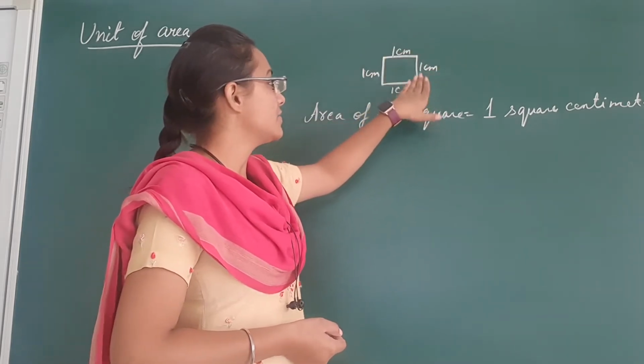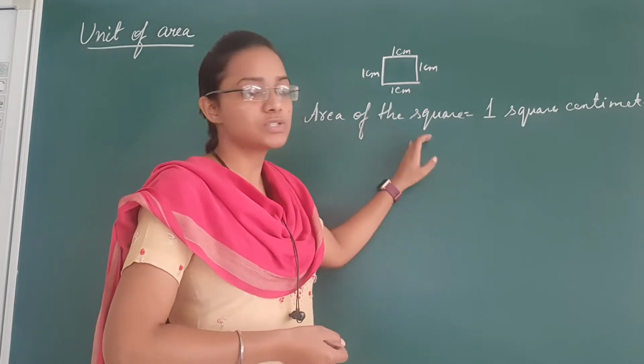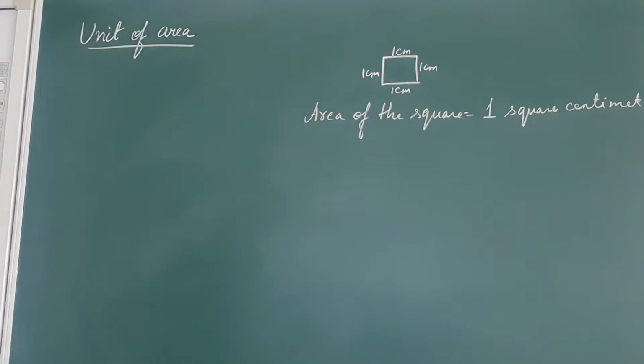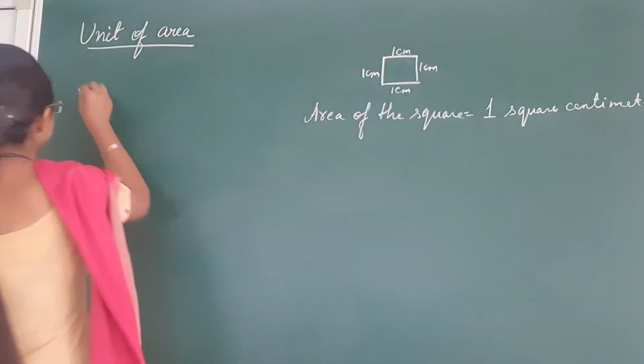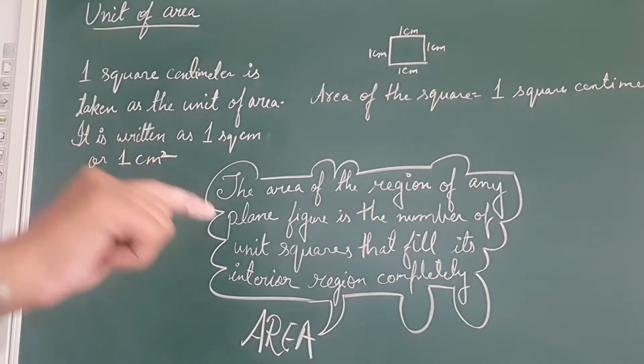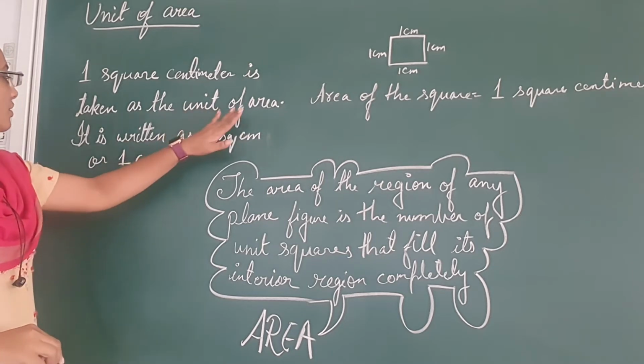So all sides are 1 centimeter, and the area of a square will be 1 square centimeter. So we can say 1 square centimeter is taken as the unit of area.